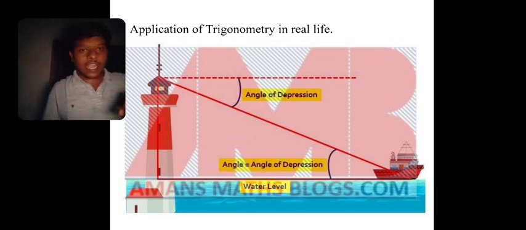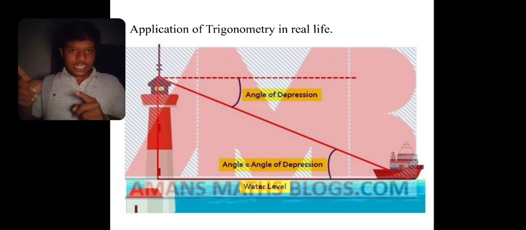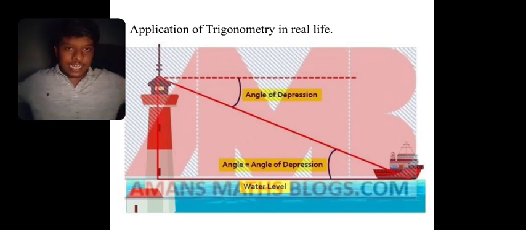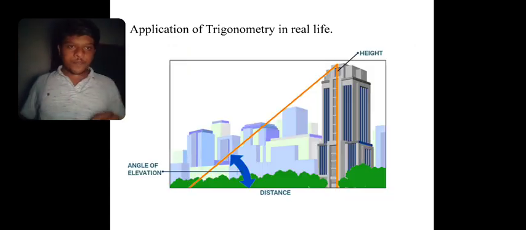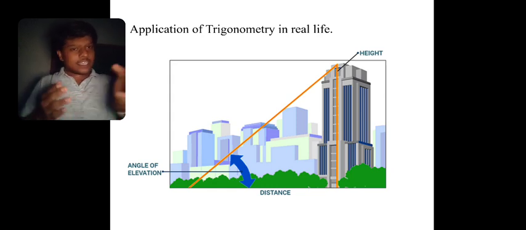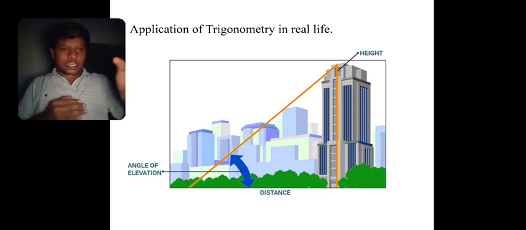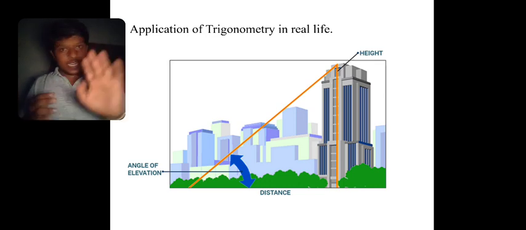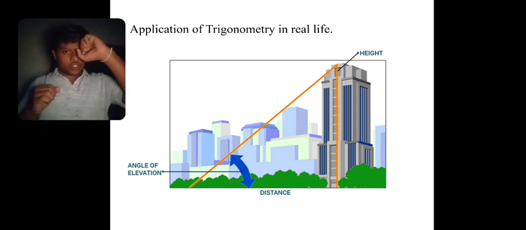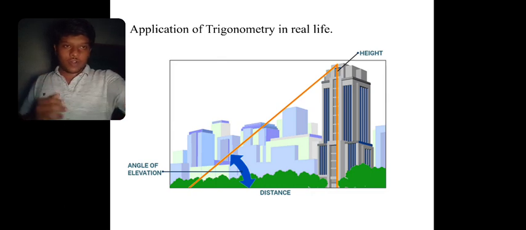So you have one angle and one side, correct? Using tan theta, you can calculate the horizontal distance between the ship and the seashore. Similarly for the height of a triangle, here the opposite side you don't know, but you know the horizontal side. You can use tan theta also, because using some instrument you can find the angle.